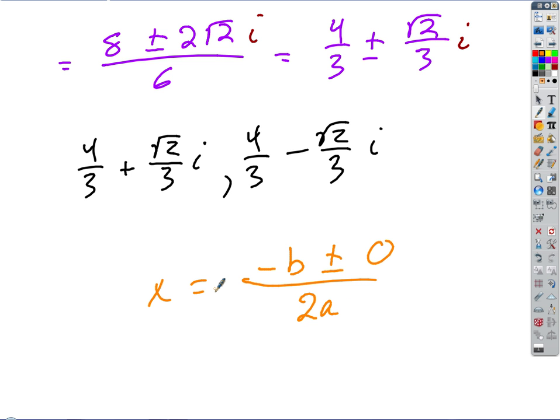Does adding 0 and subtracting 0 mean different things? No. In both cases, whether I add 0 or subtract 0, I just get back the same result, negative b over 2a. So what kind and how many solutions am I going to get if the discriminant is 0? I'm going to get 1, and it's going to be real, no i's, right?